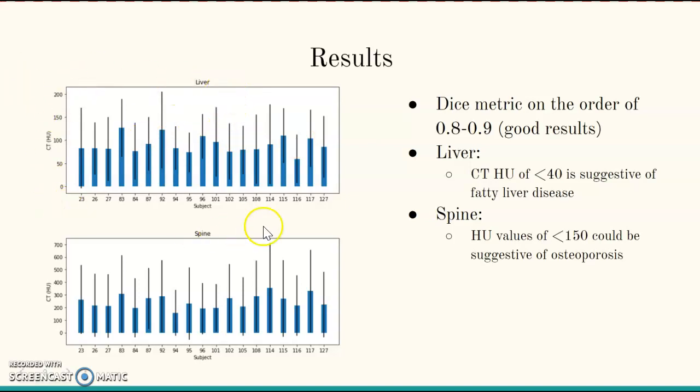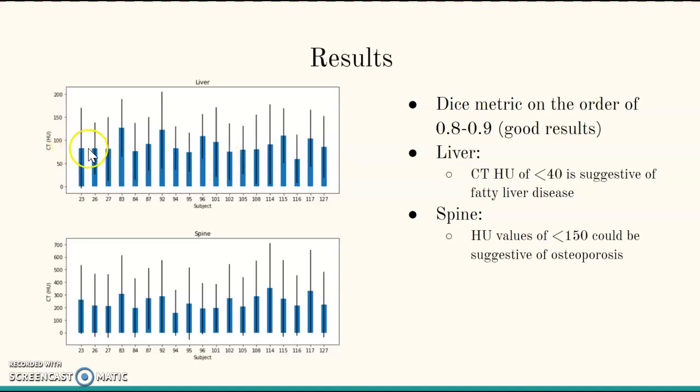So on the bar graph here, we did this for different subjects, and the bar graph is structured in a way that the mean is on the top of the bar graph, and the line here is the standard deviation of the predicted result. And so you can see here that if there was a CT-HU mean attenuation value of less than 40, then it might be suggestive of fatty liver disease.